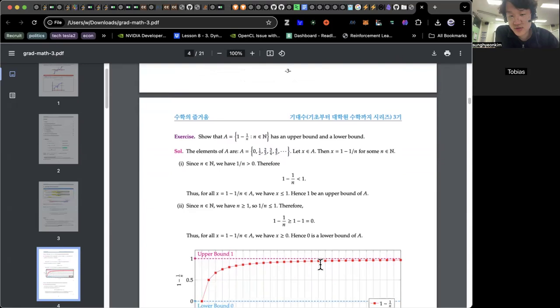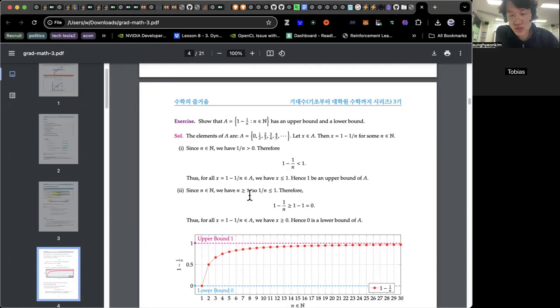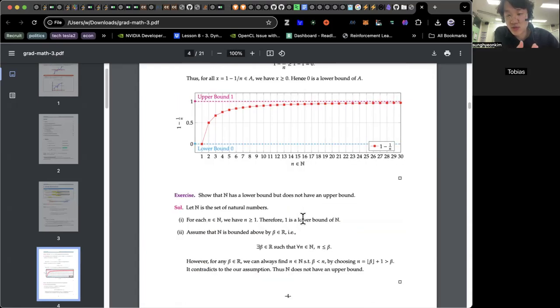And similarly, we can show it has a lower bound, because n is bigger than or equal to 1, so 1 over n is smaller than or equal to 1, so it is always bigger than or equal to 0, so it has a lower bound.